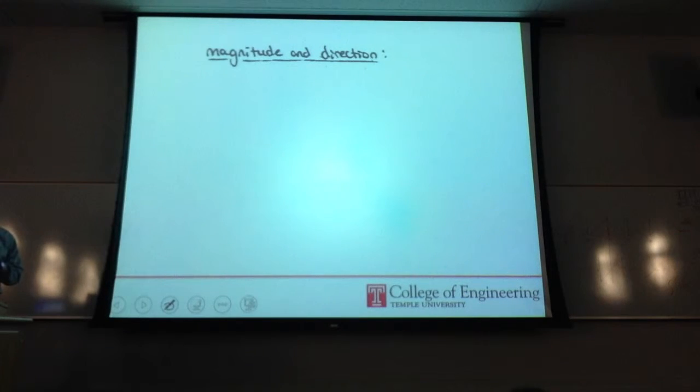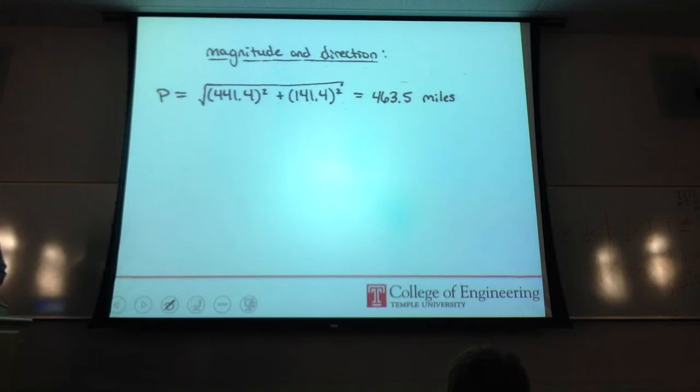Magnitude and direction. What does a vector have? Magnitude and direction, right. So if I want to find out the magnitude, which in this case is P, what do I do? I have the x and y coordinates, right? The scalar quantity. And I find the square root of that.